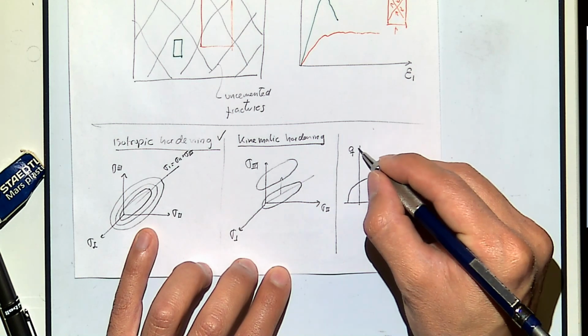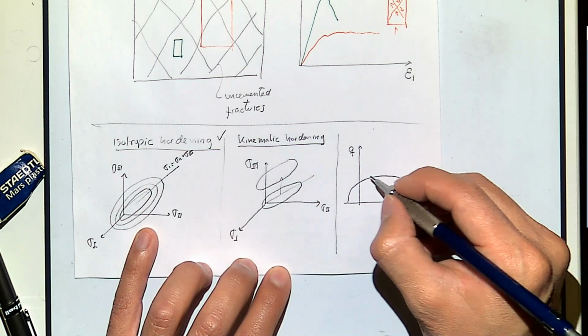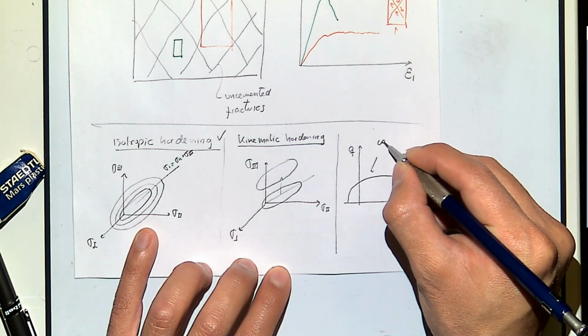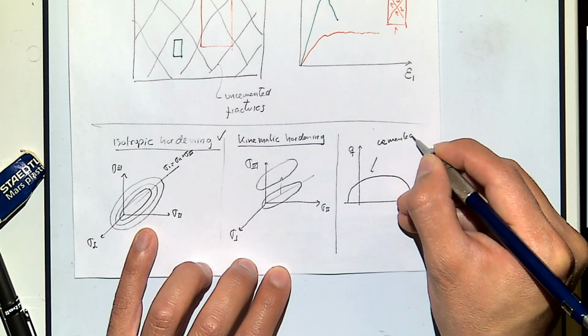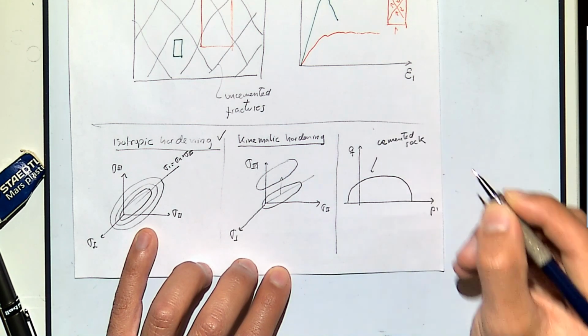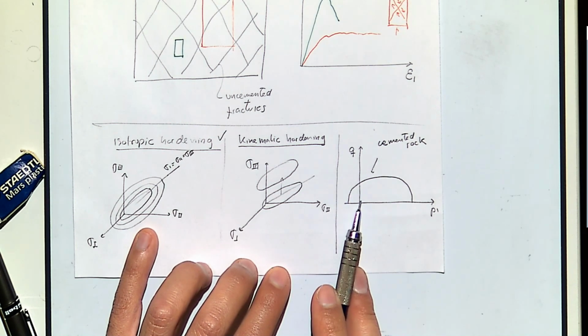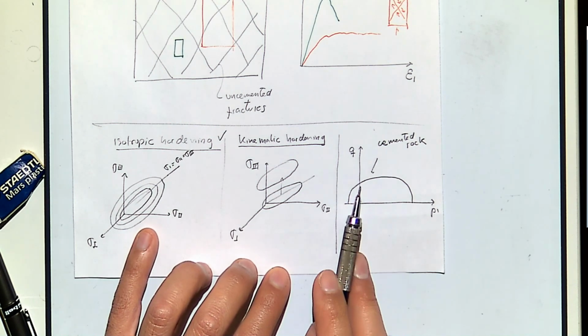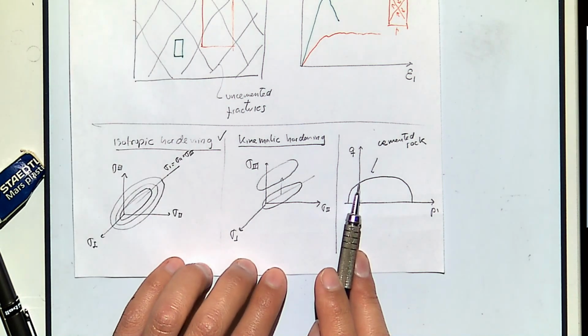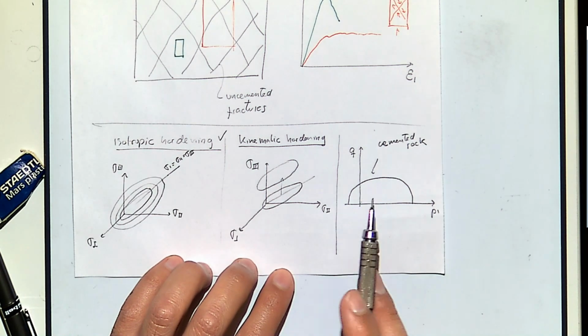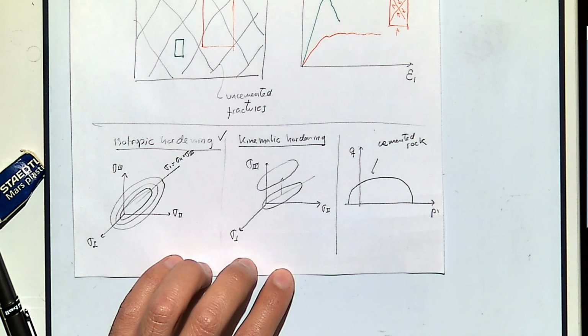Let's imagine now a cemented rock. This is what the yield surface would look like. Notice that it has an intercept here at P prime equal to 0. So this is equivalent to a cohesive strength. And this would be the way that you would model a cemented rock.